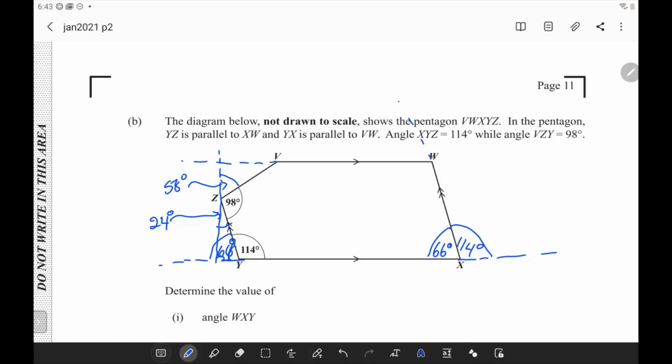And since this is 90 degrees by construction, that would mean that this angle here is 42. No, sorry, 32. This angle here is 32, which would leave this angle here to be 180 minus 32, which is 148 degrees.